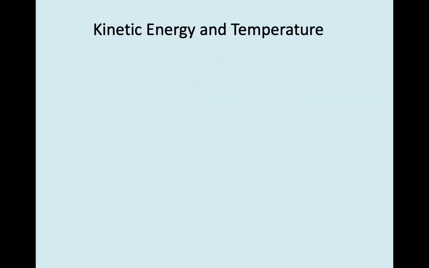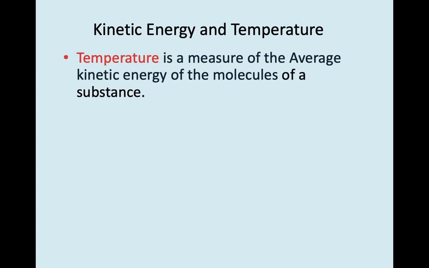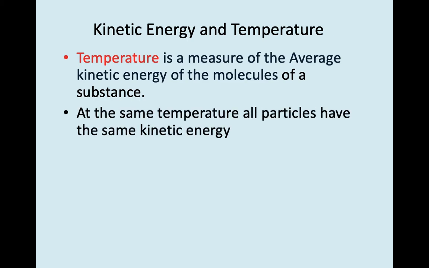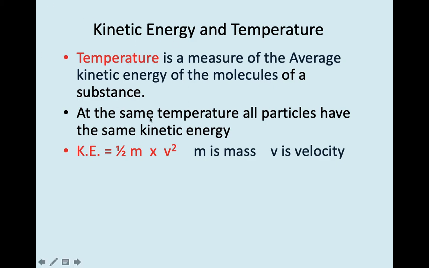The other thing we need to know in order to understand this unit is kinetic energy and how it relates to temperature. Temperature is really just a measure of the average kinetic energy of the molecules a substance has. At the same temperature, all molecules have the same kinetic energy. Now the kinetic energy equation is 1/2 times your mass times your velocity squared.